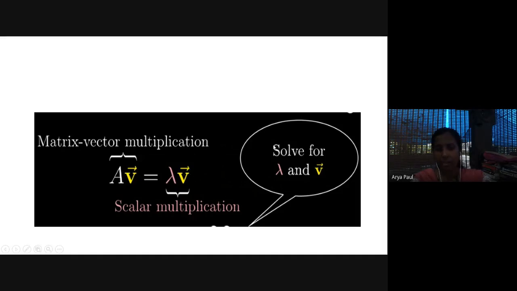You need to solve for lambda and V. What is lambda? Eigenvalue. And what is V? Eigenvector. This AV equal to lambda V is an equation related to eigenvalues and eigenvectors. Actually, eigenvalues and eigenvectors are used as a linear transformation of a vector.